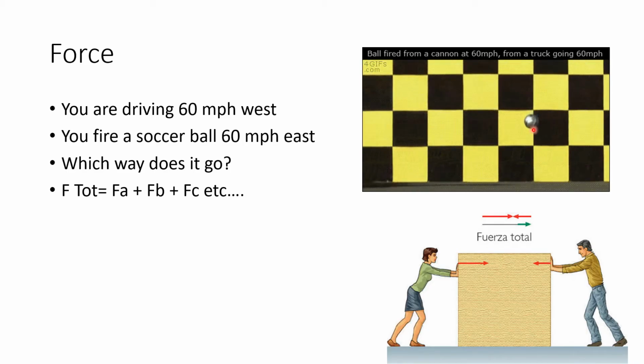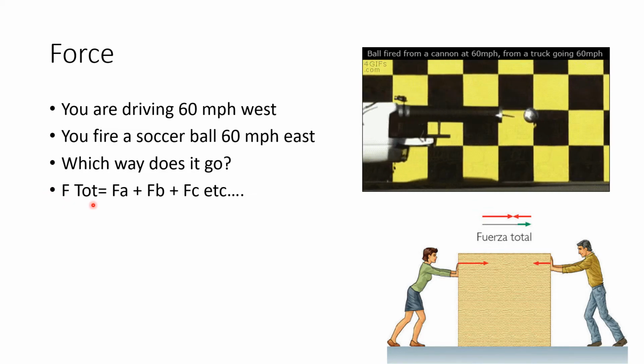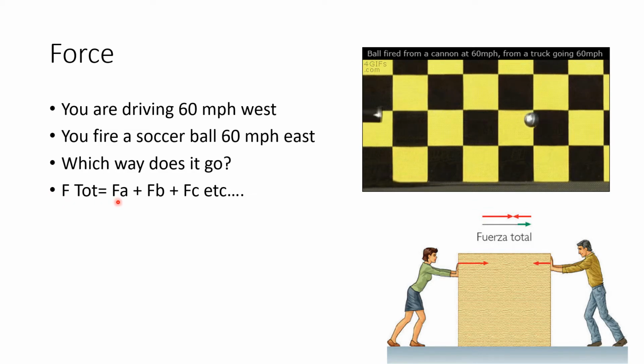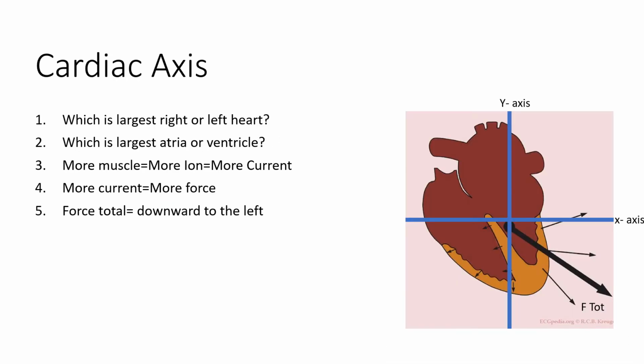Well, as you can see, it drops straight down because the total force vector is equal to the sum of all forces acting on it. When we consider the heart, the largest side of the heart is the left side, and the ventricle is the largest portion. So the left ventricle, which is on the bottom left part of the heart, is the largest tissue area of the heart, meaning it has the most muscle.